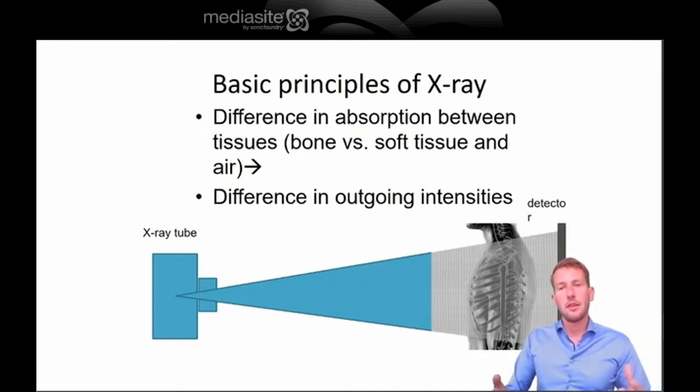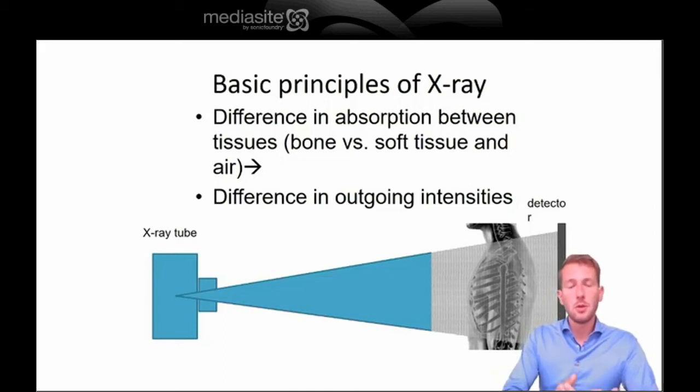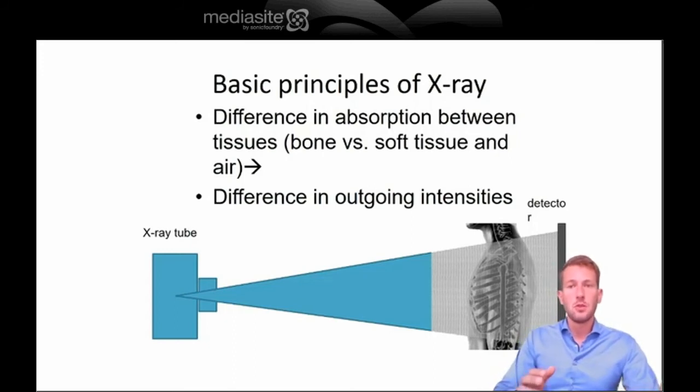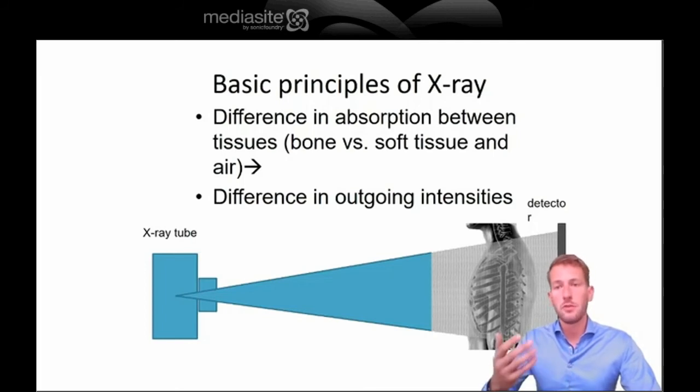Like I said, an X-ray bundle or beam passes through the body where some X-rays are absorbed and some are not. Bone absorbs a lot of X-rays. Soft tissue absorbs less, air absorbs very little.